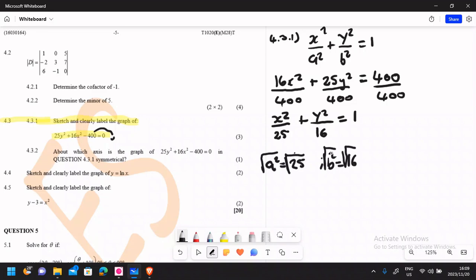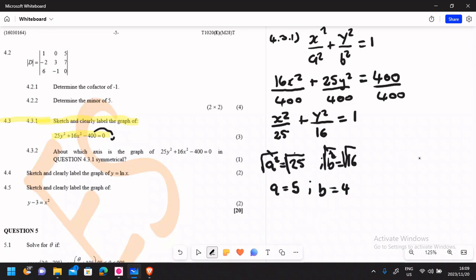Remember when you square root, we're trying to get rid of the square. So a is going to be, what is the square root of 25? It's going to be 5. And then b, we're going to be left with b here. What is the square root of 16? It's going to be 4.